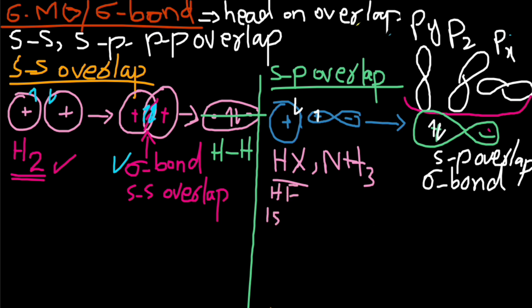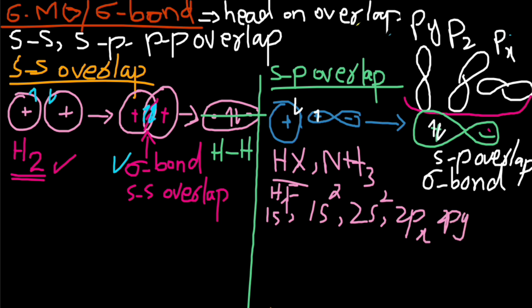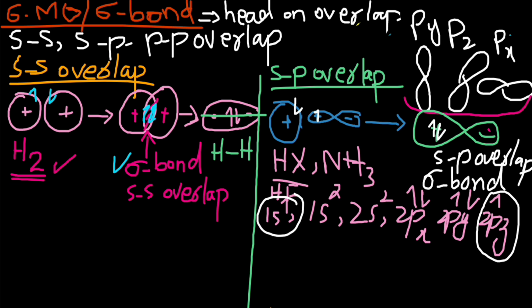Let's talk about hydrogen fluoride, HF. Hydrogen has electronic configuration 1s1 and fluorine has electronic configuration 1s2, 2s2, 2px2, 2py2, 2pz1. Its atomic number is 9. Only the 2pz orbital is half filled in fluorine and 1s in hydrogen is also half filled.